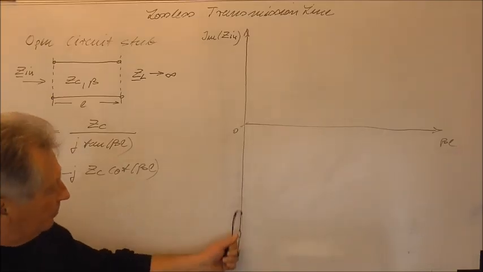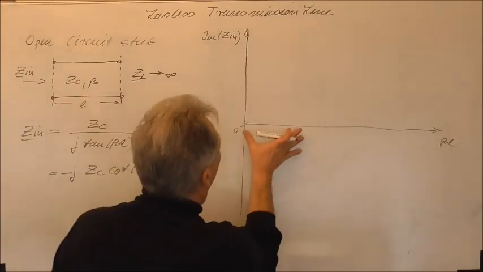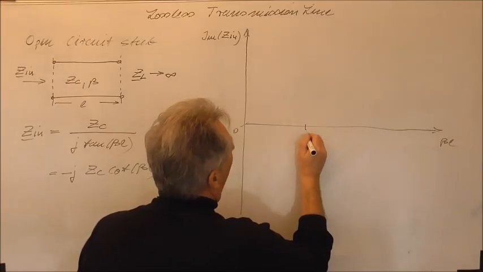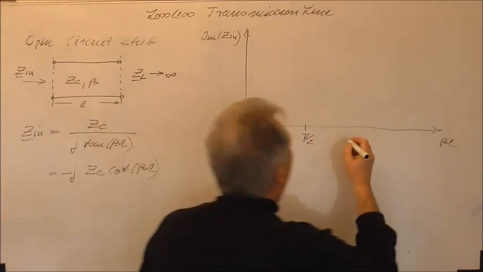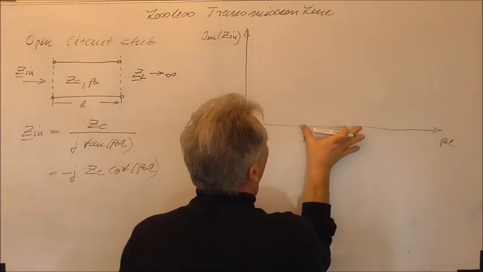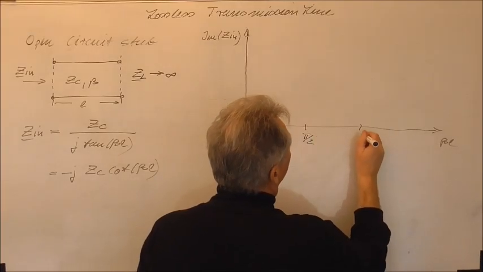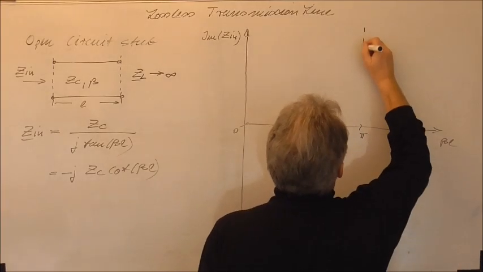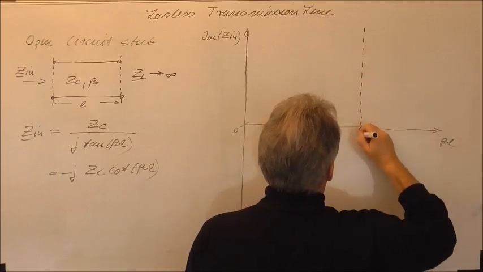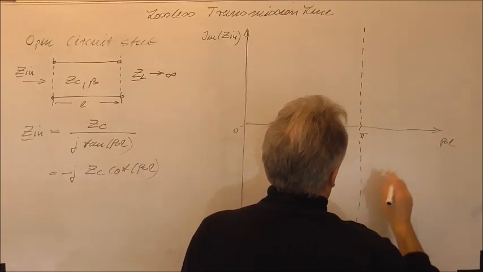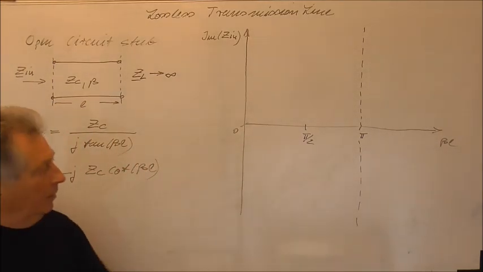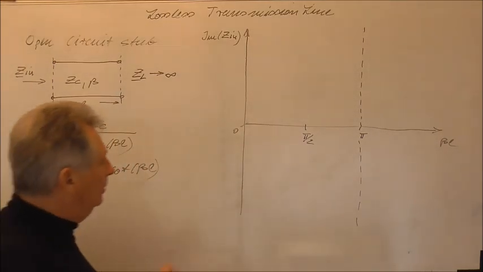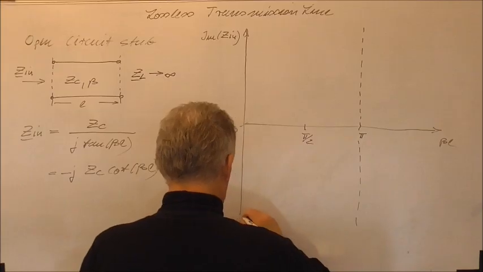So we have the first pole here for 0, then we undergo at pi over 2 a 0, and then we have the next pole at pi. So this will be the next pole, and of course then we in principle go on periodically.